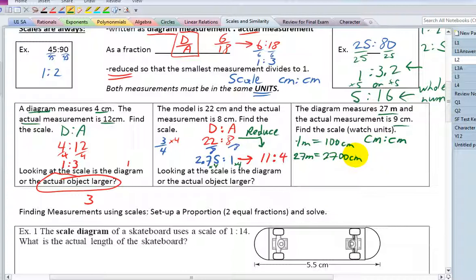2,700. So what I do is you're just taking the zeros and putting them on the end. So you're multiplying this by 100 to get to 2,700. Okay with that? Okay. So now we can go diagram to actual.